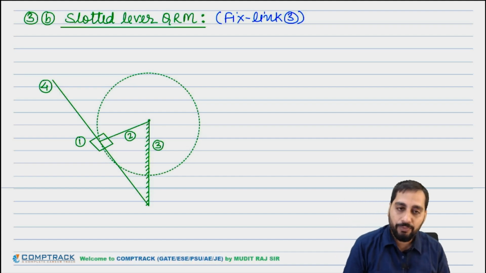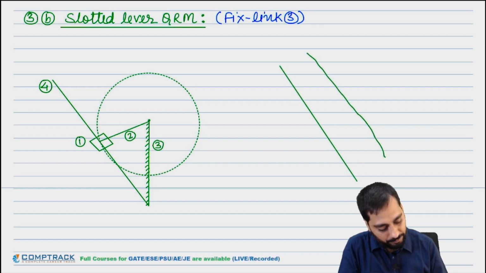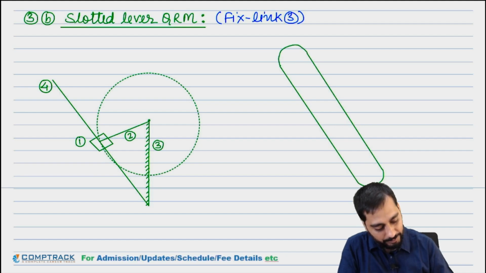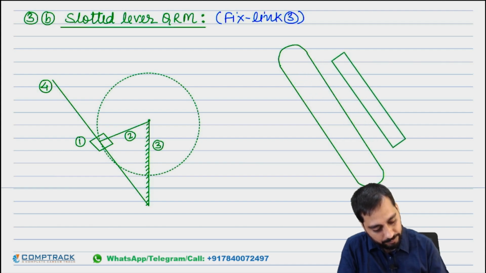So what does a slotted lever actually look like? A slotted lever will look like this. Slotted means there must be a slot inside it. A slot will be cut inside it. So a cut slot must be there. Actually this is called the slotted lever.